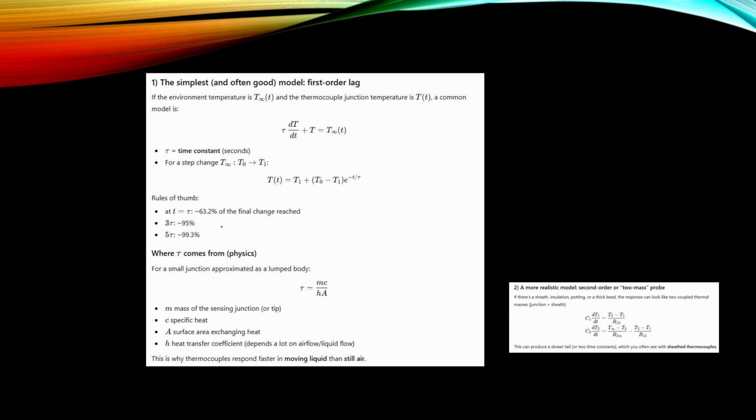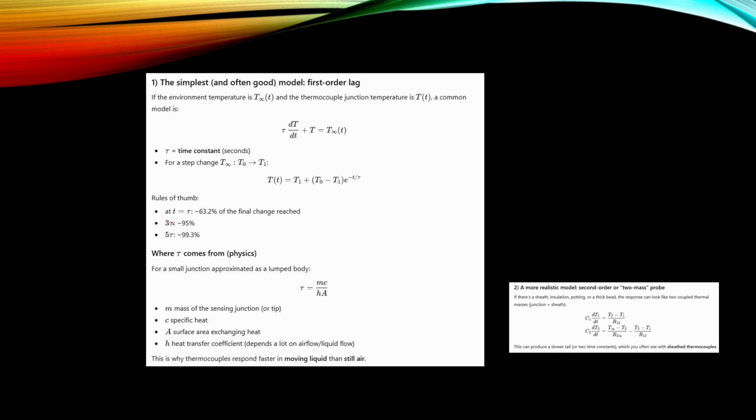And as a rule of thumb, we can say that at a time which is the same as this time constant, this change in reading is around 63% of the total change in environment temperature.